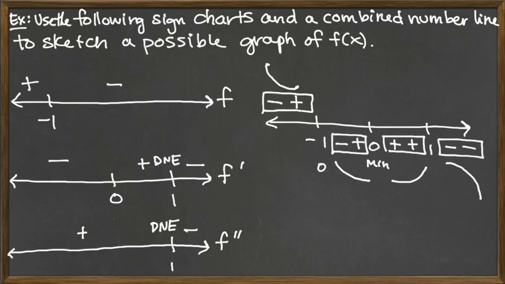Now we know that at 1 the first derivative does not exist, but it's in the domain of the original function. So since we're going up followed by down, even though it doesn't exist, it's going to be a max. And we do see that max is happening there because it is in the domain of the original function.